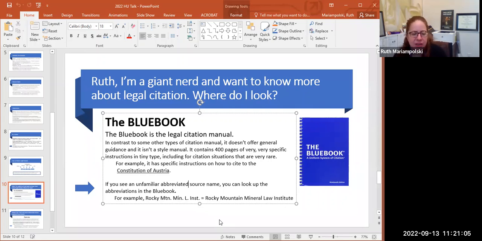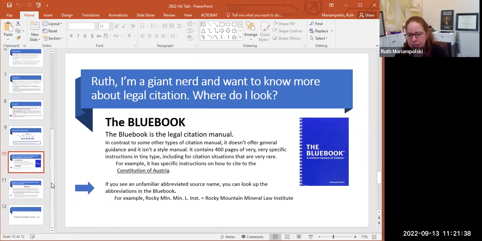A lot of times these are journal articles or other types of periodicals that are kind of obscure or not widely published outside of academic legal circles. But the Blue Book contains a very lengthy list of virtually every periodical published in the United States and how to abbreviate it. So basically, it can be a good source for a reader if you're struggling to locate the original source. Obviously, your librarians are an amazing resource, but this is just an idea to put out there.